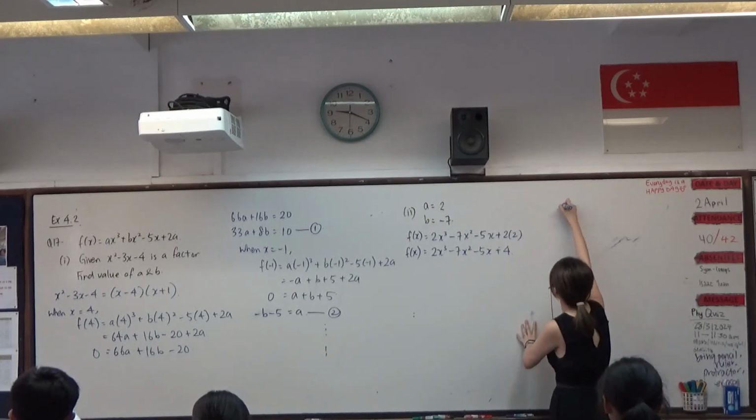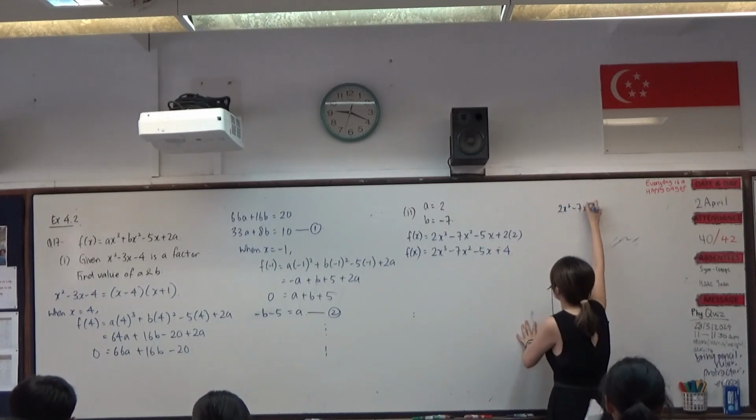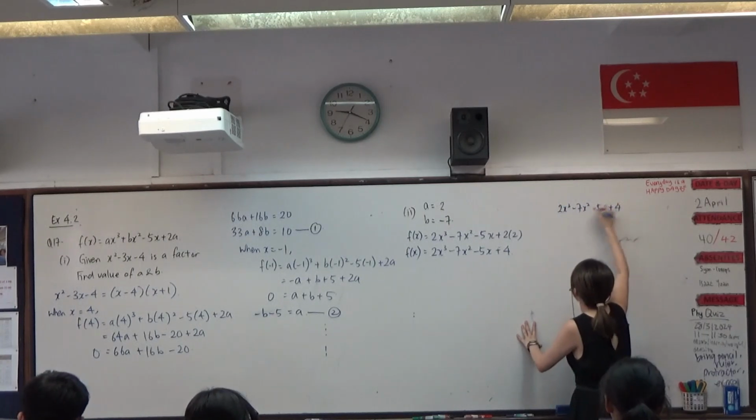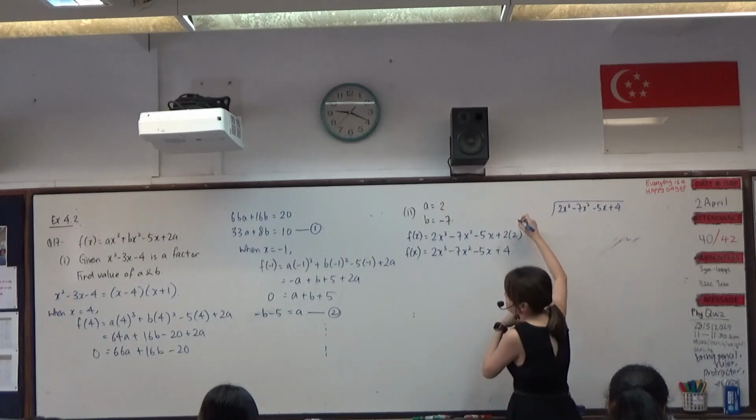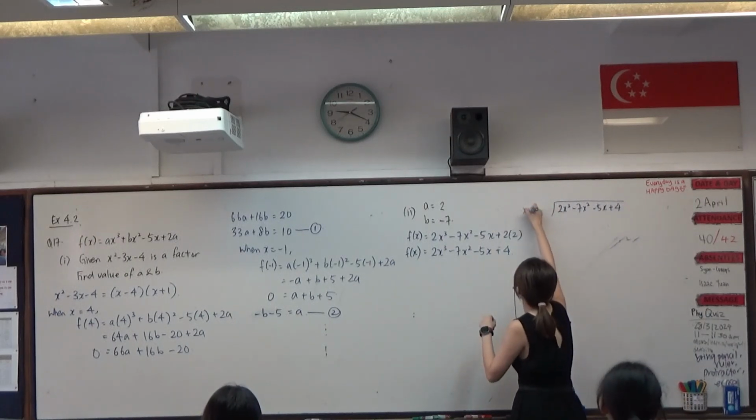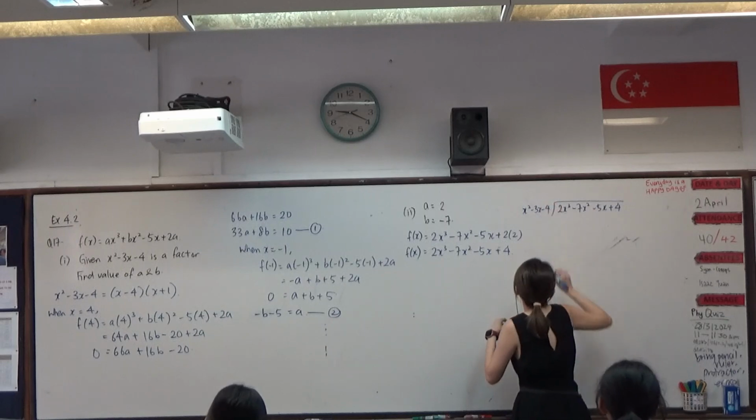So doing long division, divide by x squared minus 3x minus 4.